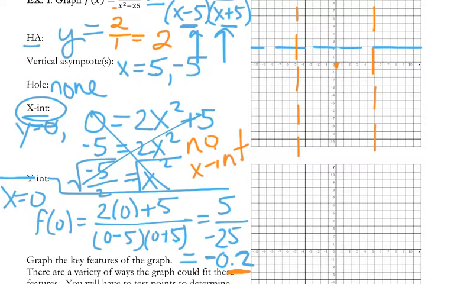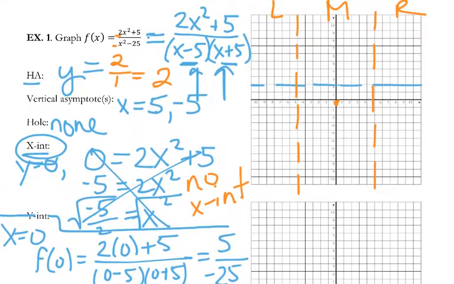Okay, for our graph, on the left-hand side, our graph either has to go up top or it has to go below the horizontal asymptote. If it goes below, you create a new x-intercept, but we don't have any x-intercepts, so this part here cannot be correct. Instead, it has to be the one up top.